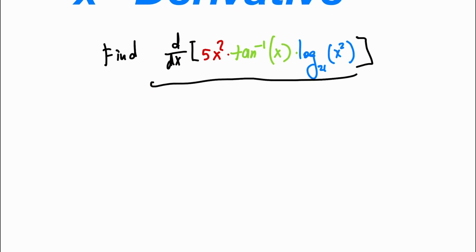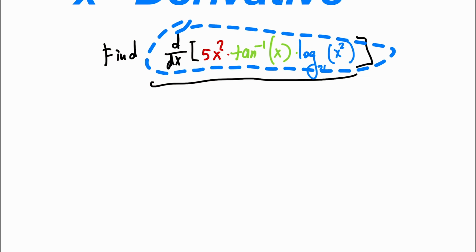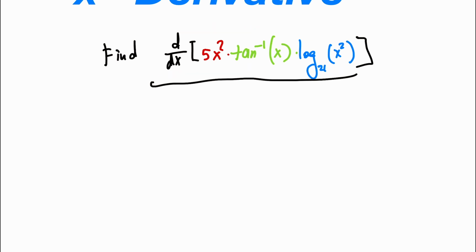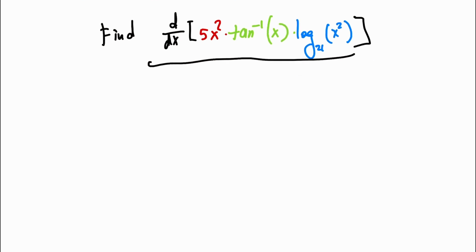And when you first see this problem, you might think, wait, I can just simply use the extended power rule. Yes, we're going to use that, but before that, we need to simplify the function a little bit.